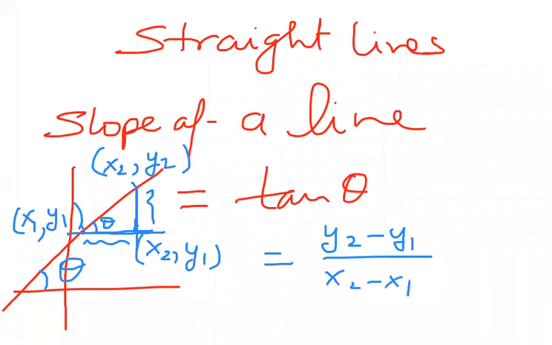So slope of the line is represented with the symbol m, and m is equals to tangent of the angle made by the line with the positive direction of x-axis, or it is y2 minus y1 upon x2 minus x1.